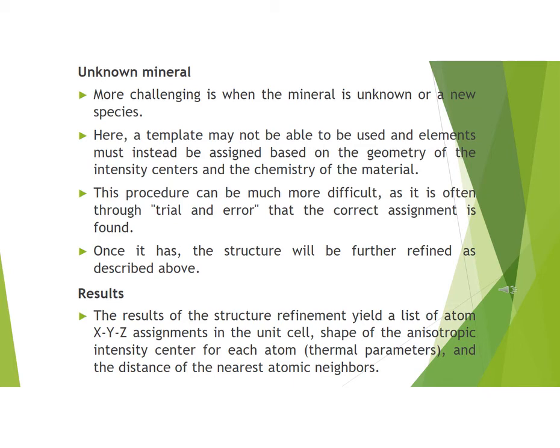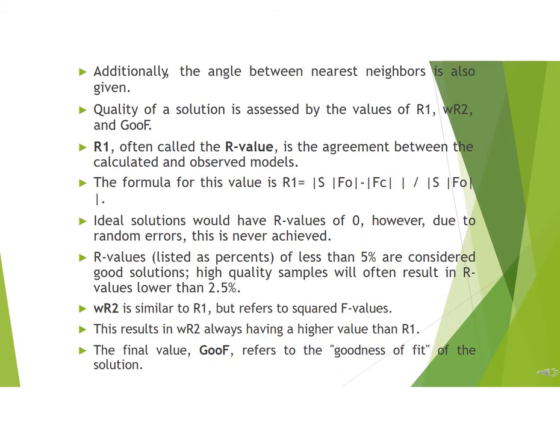The results of structure refinement yield a list of atom assignments in the unit cell, the shape of anisotropic intensity centers for each atom, and the distance of the nearest atomic neighbors. And the quality of the solution is assessed by the values of R1, wR2, and GOOF.